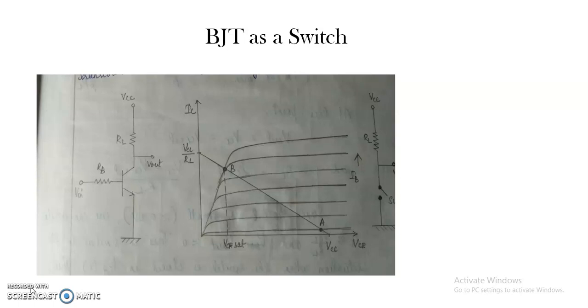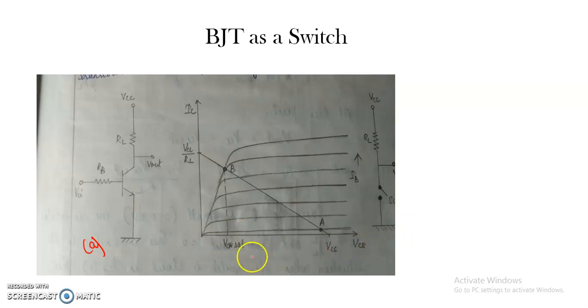We can explain this from the circuit shown in figure A. It corresponds to a bipolar junction transistor connected in common emitter configuration. In figure B, we can see the output characteristics of the transistor in common emitter configuration along with the load line.